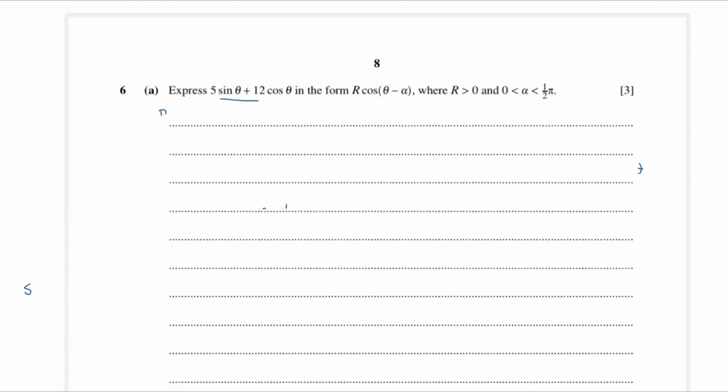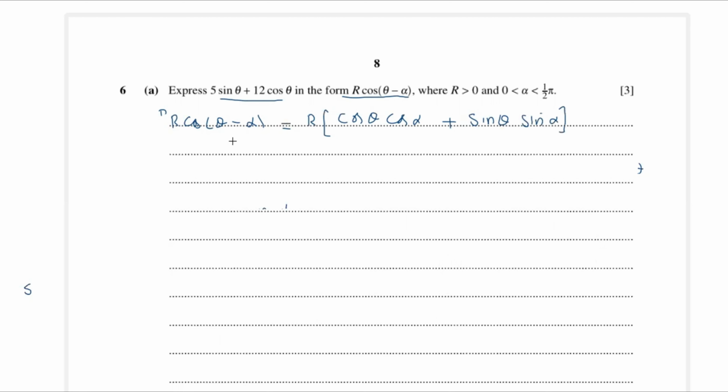Question 6: express 5 sine theta plus 12 cos theta in the form r cos of theta minus alpha. We can write r cos of theta minus alpha as r into, using the formula cos of alpha minus beta, cos theta cos alpha plus sine theta sine alpha.